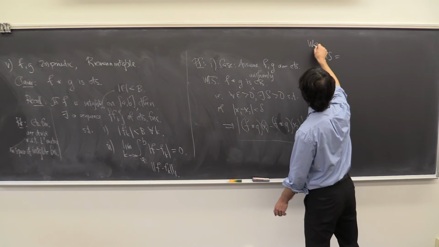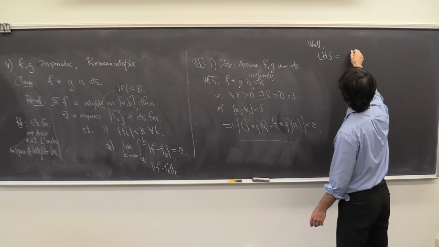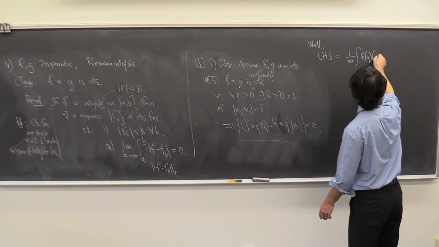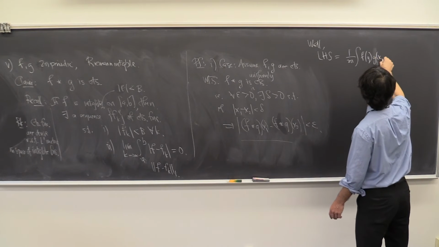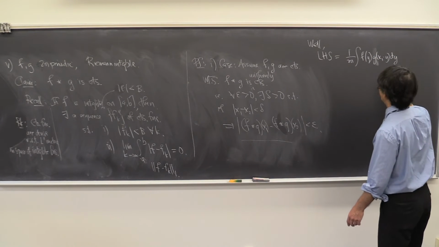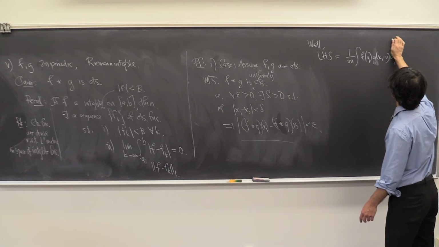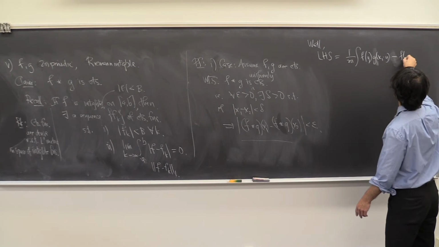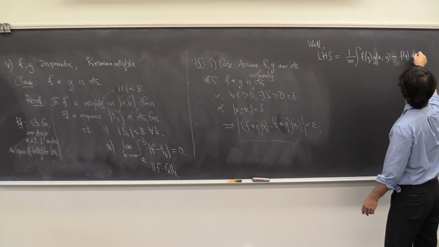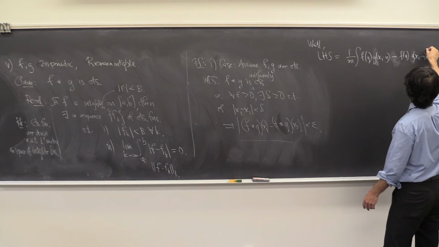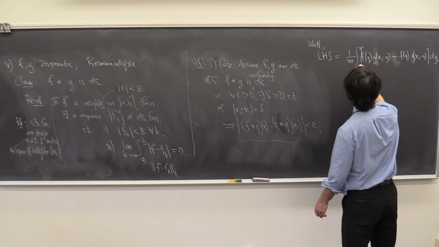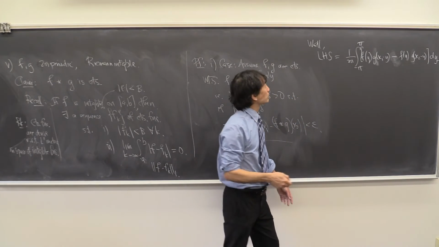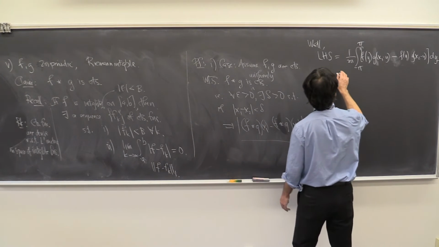Well, the left-hand side is 1 over 2 pi, the integral of f of y times g of x1 minus y dy, and then we get minus the convolution of the other guy, which gives us this thing here, g of x2 minus y dy, between negative pi and pi. Absolute values.